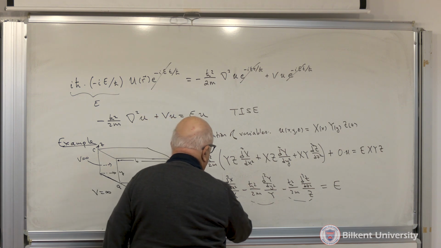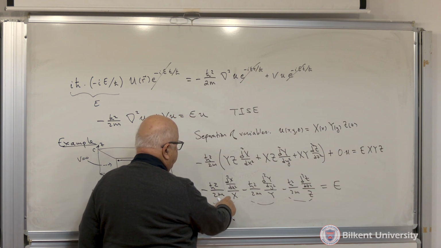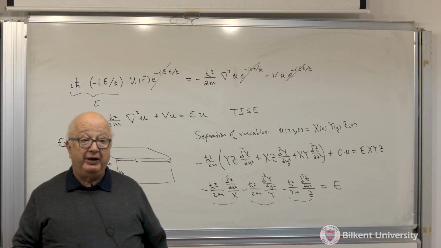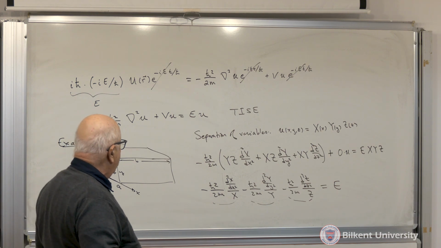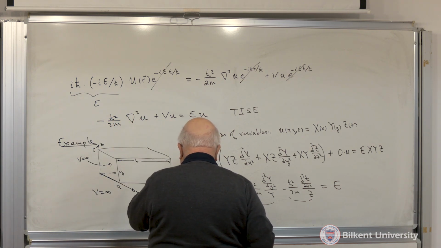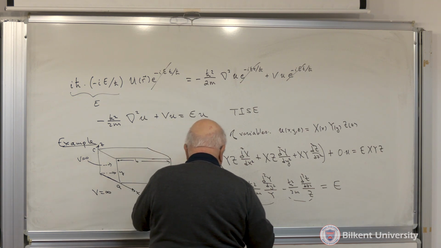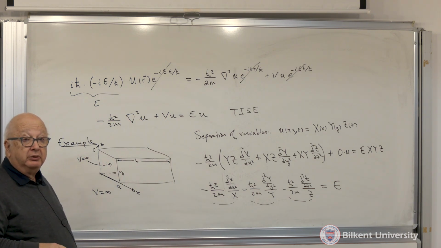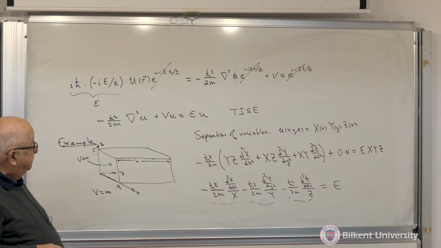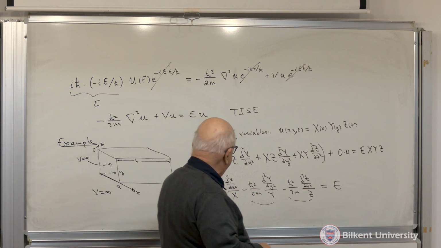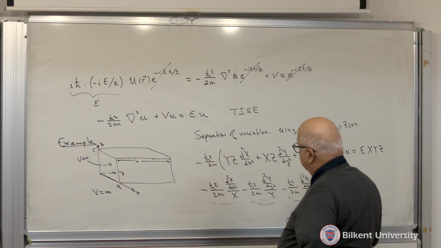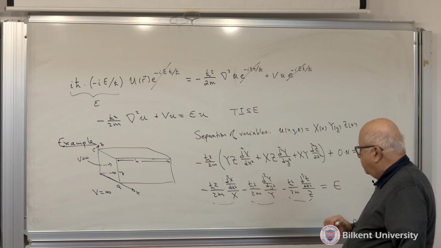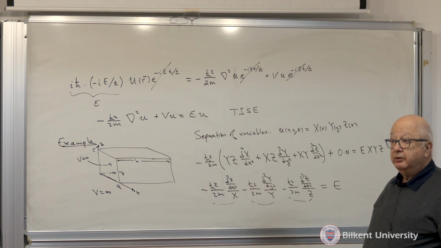If I leave some function of x here, there is nothing else in these terms that is going to cancel that, right? So that means all of these terms must be equal to a constant. When I have those things equal to a constant, then I have some hope of getting some equality here.